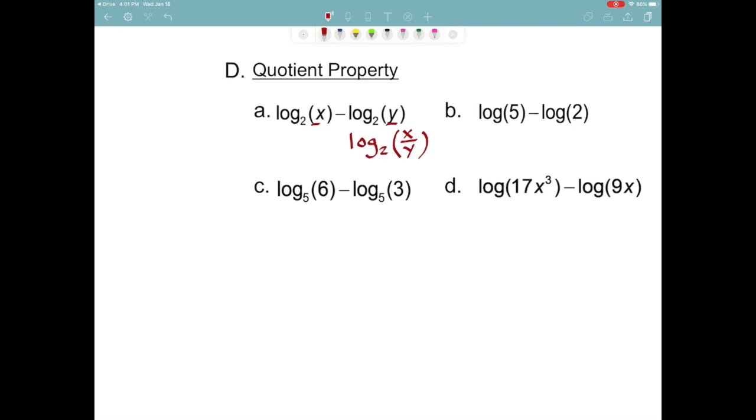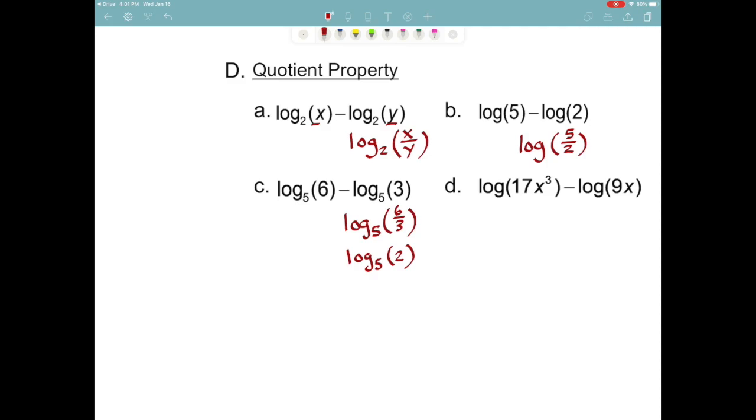Letter B, we've got log of 5 minus log of 2. This would be log of 5 over 2, or 2.5. Letter C, we have log base 5 of 6 over 3, which simplifies to log base 5 of 2.